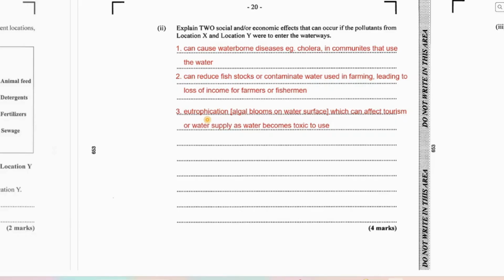If it covers the surface, it can affect tourism. If that is some space where a lot of tourists usually come, to bathe or to fish, or it can cause problems in terms of water supply, as water could become toxic. So when eutrophication occurs, many things happen.